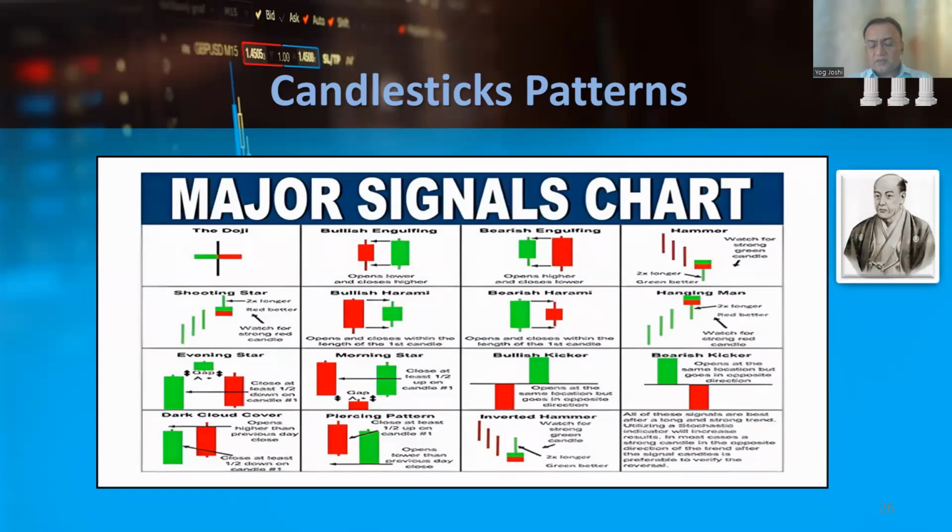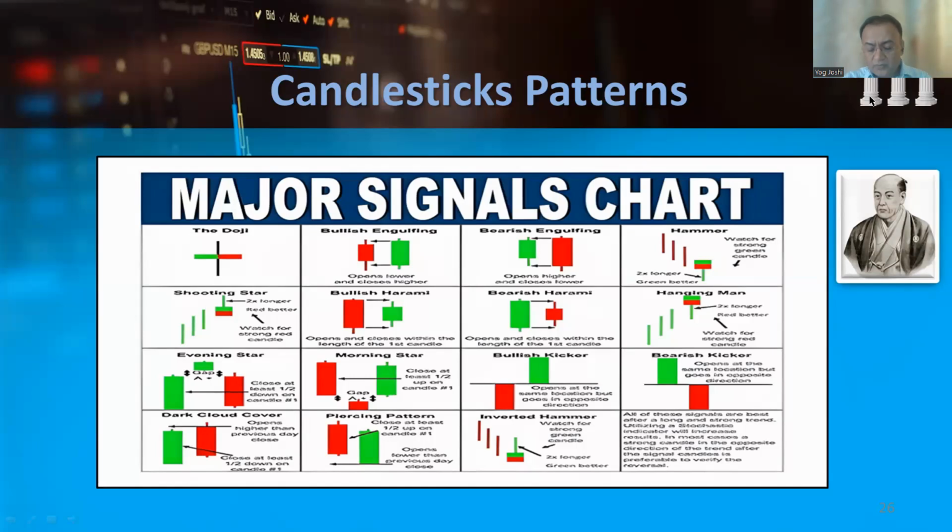Why is this known as a Japanese candlestick chart? Because it was invented by Munehisa Homma, a Japanese rice trader, who invented the candlestick pattern and chart.